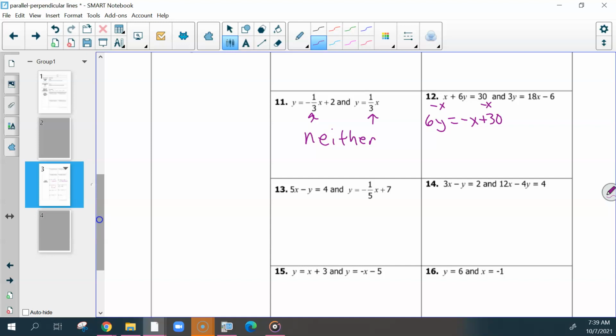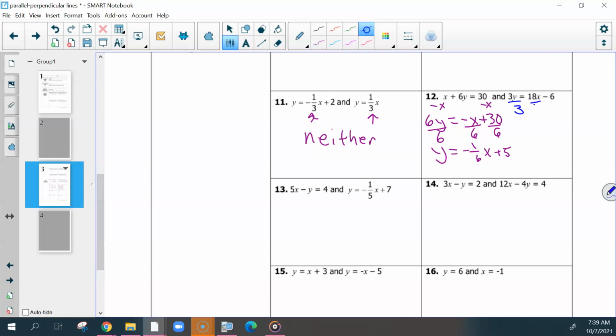Divide everything by 6. We have negative 1/6x plus 5. The other equation is almost in slope-intercept form. We just have to divide everything out.